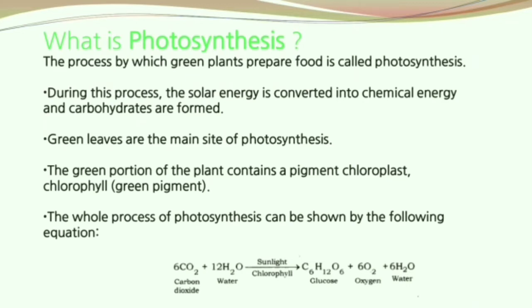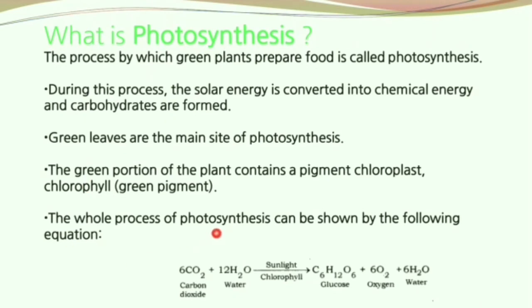The process by which green plants prepare food is termed as photosynthesis. During this process, solar energy is converted into chemical energy and carbohydrates are formed. Green leaves are the main site of photosynthesis. The green portion of the plant contains a pigment in the chloroplast called chlorophyll.